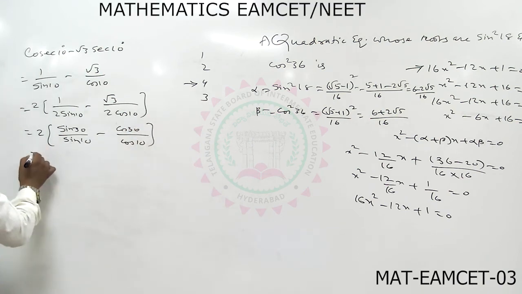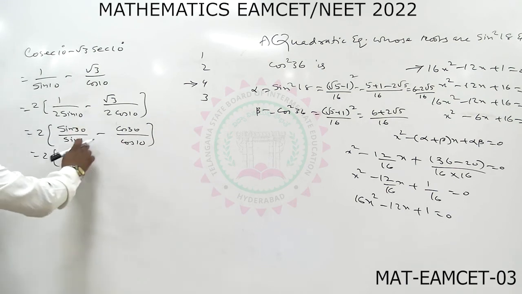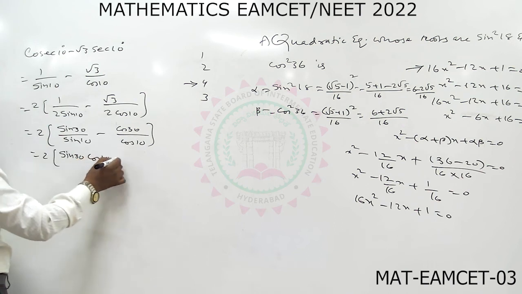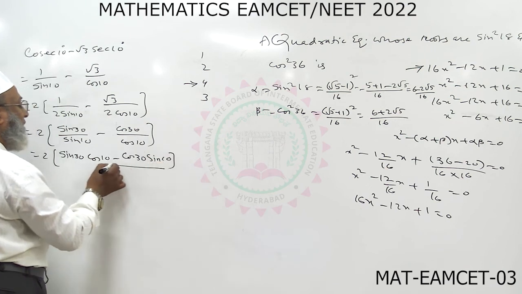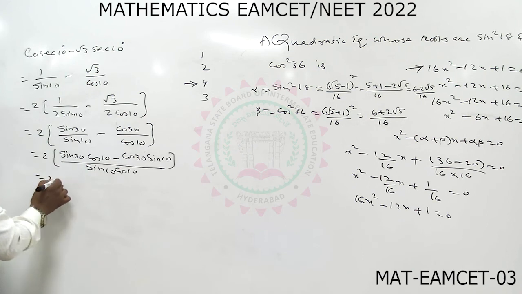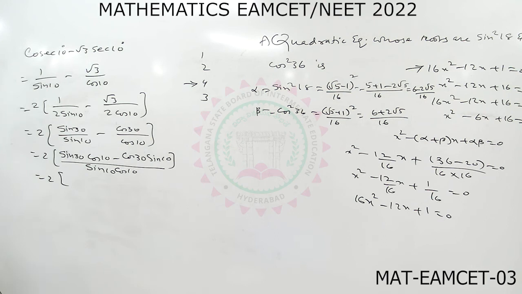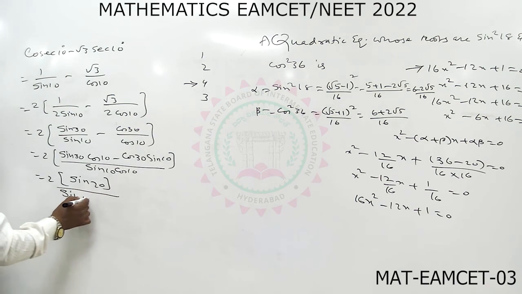If I take the LCM, sin 10 cos 10, which gives me sin A cos B minus cos A sin B whole divided by sin 10 into cos 10. So the numerator is in the form of sin of A minus B, that is 30 minus 10 is equal to sin 20.